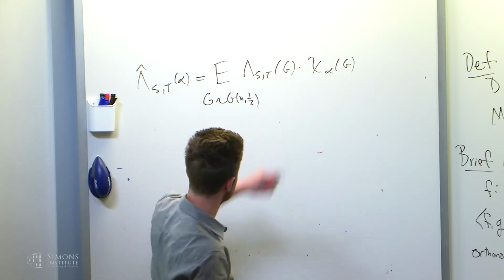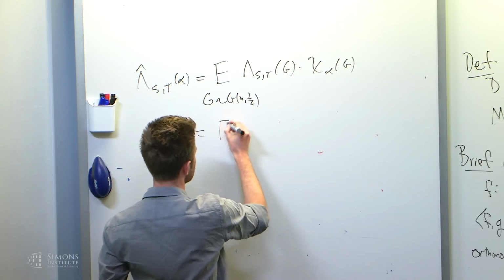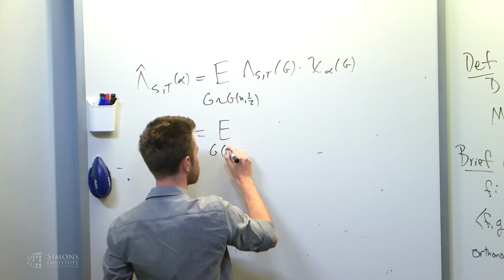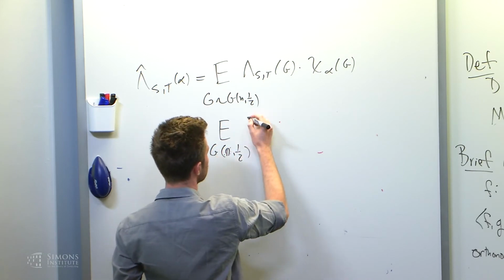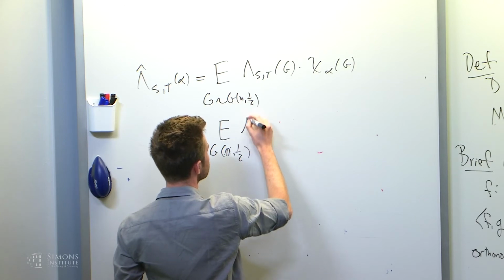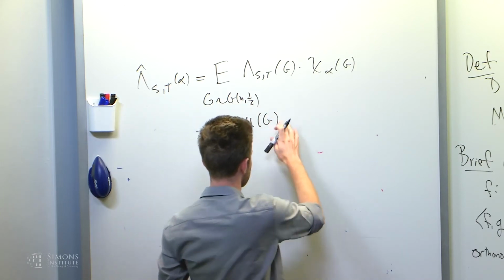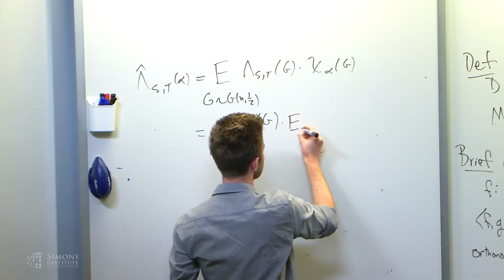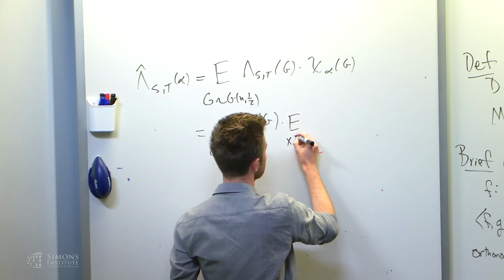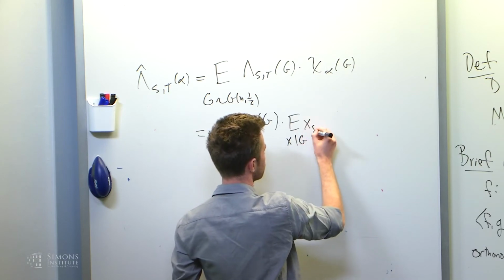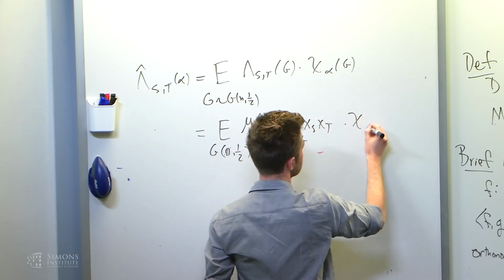And now let's use the definition of Lambda. This is the expectation under G from G(n, 1/2) of the relative density of G under the planted distribution with respect to the random distribution, times the expectation of possible cliques in the graph G, times this thing chi alpha.